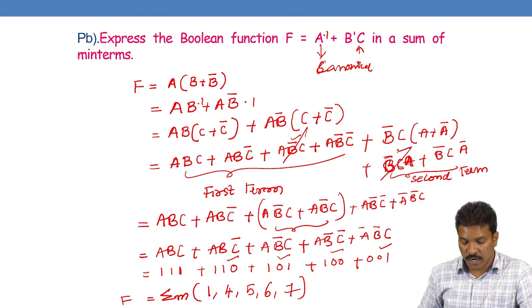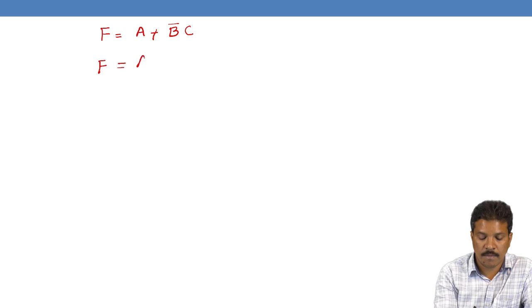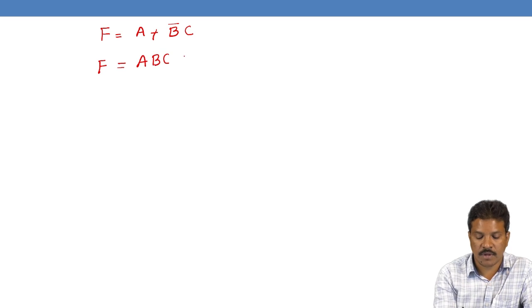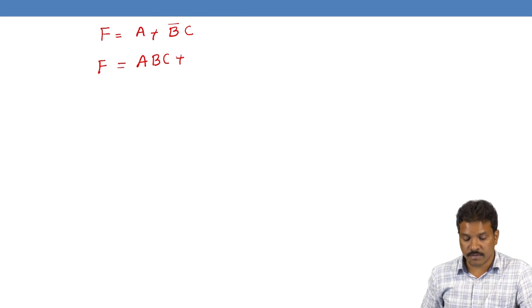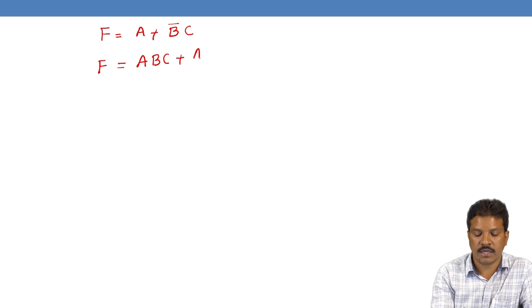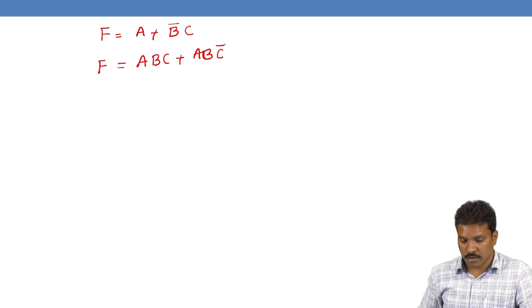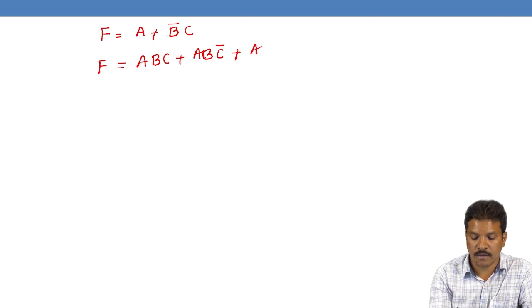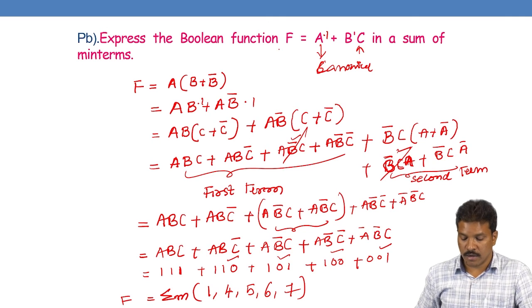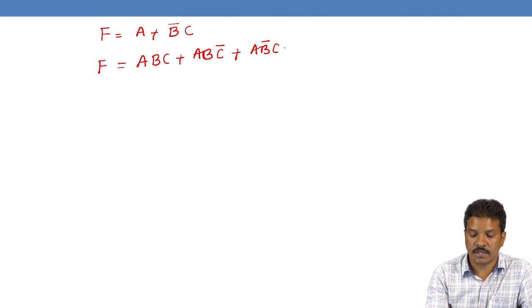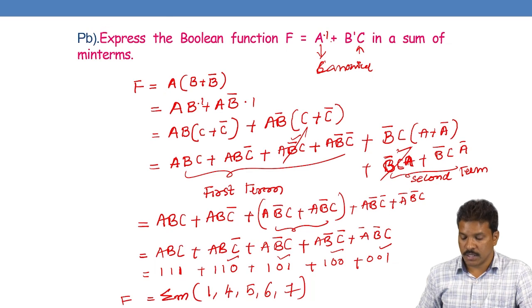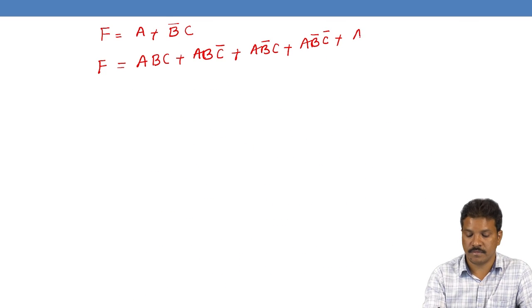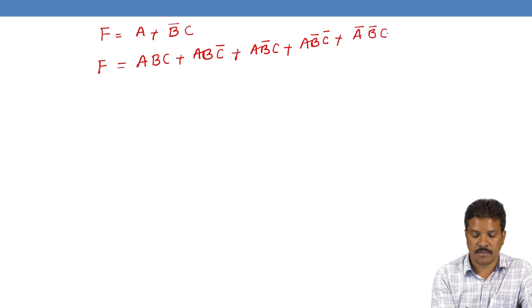In the canonical form, we can get ABC bar by applying the missing terms in the first term BC and second term A. You will get this expression: ABC bar, AB bar C, AB bar C bar, plus A bar B bar C. Okay.